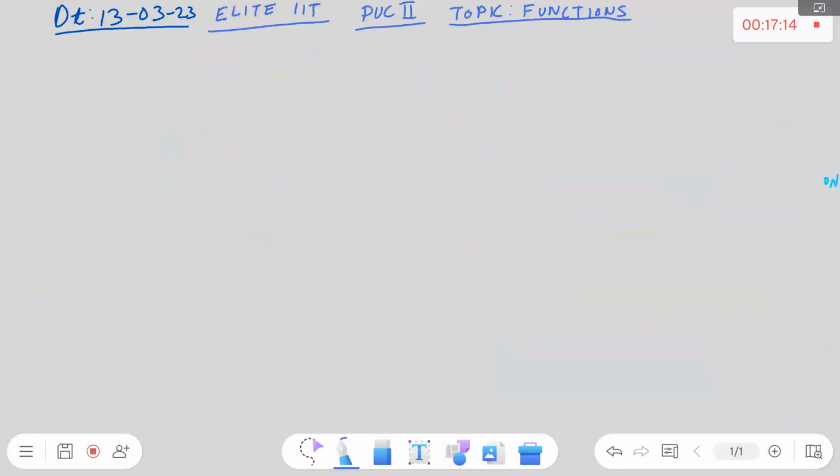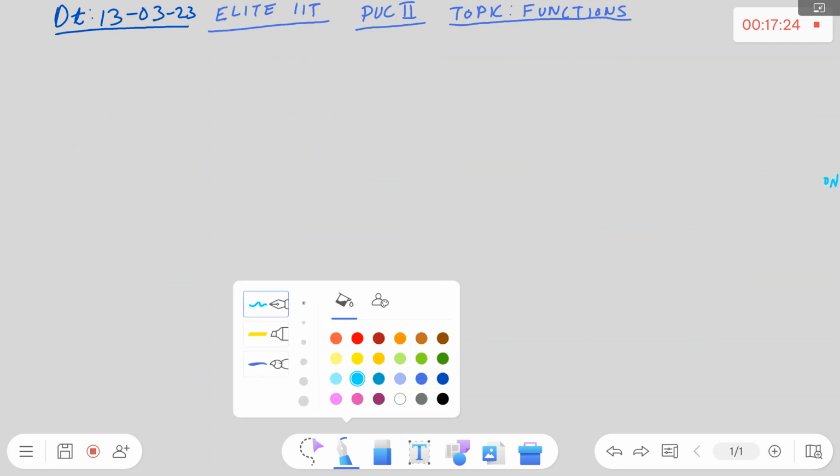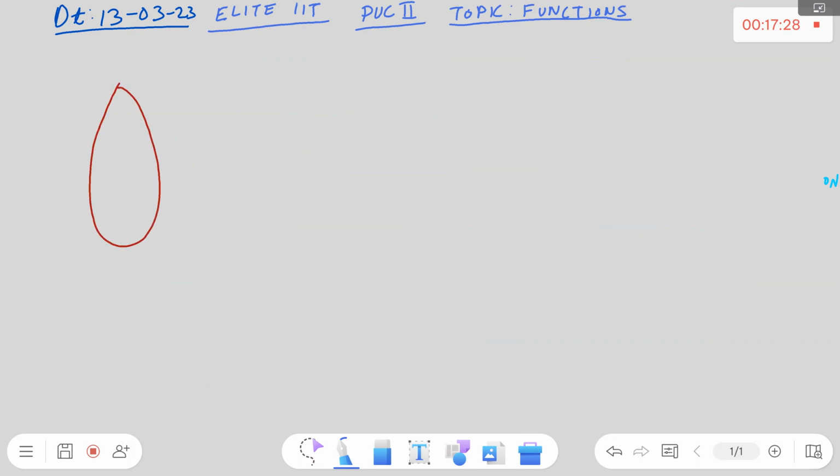Next, let us look at some special types of functions. Shall we? Before that, we talked about function going from one set to another, isn't it? Now, suppose we have the set A. We can also have a function going from the set A to itself.